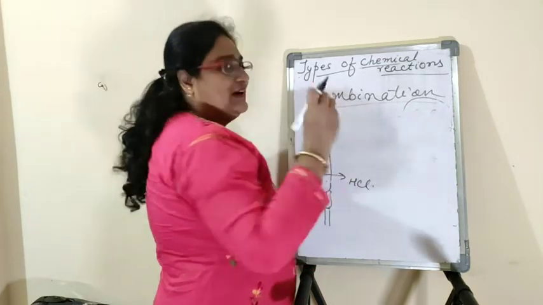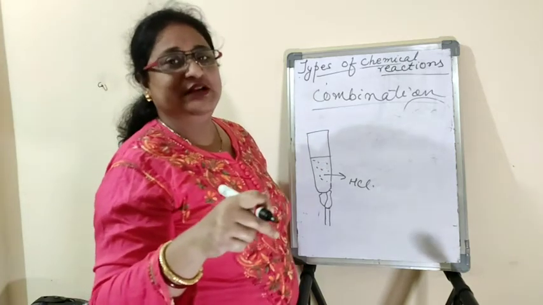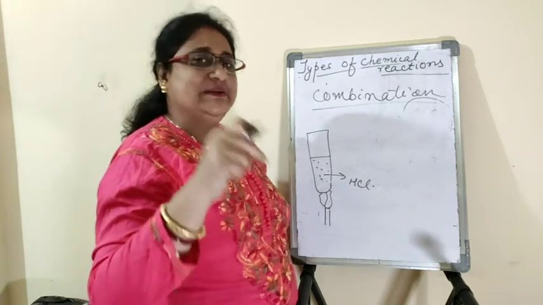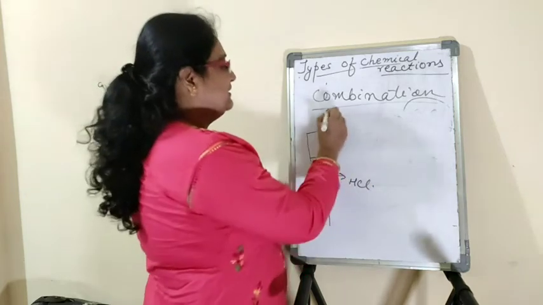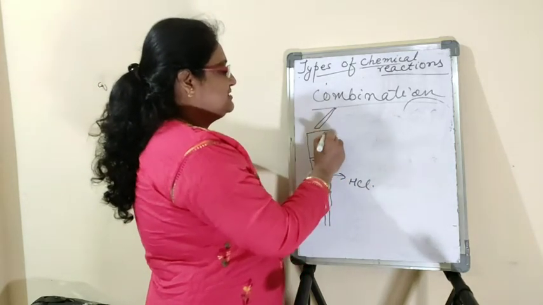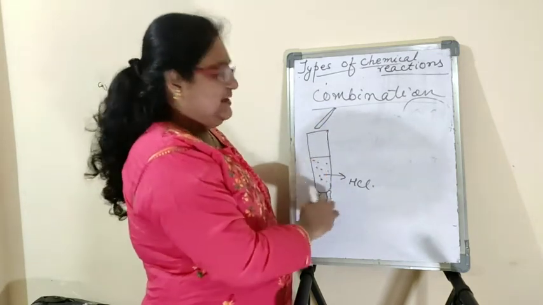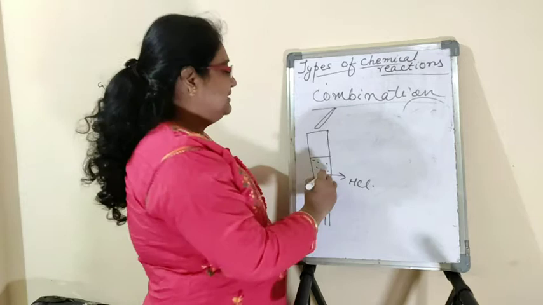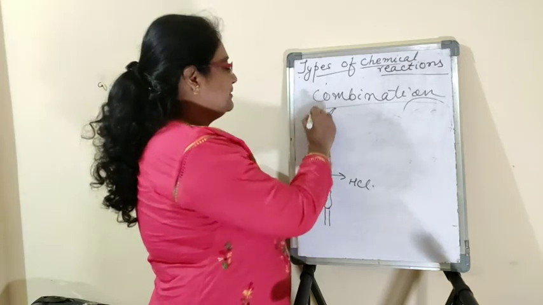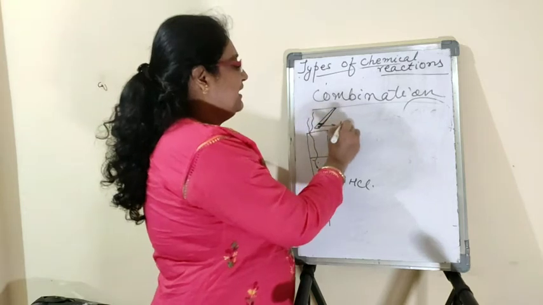Take another glass rod and dip it inside the ammonia, which is NH3. Dip it inside the ammonia and hold the glass rod just in front of the mouth of this test tube. When the hydrochloric acid is heated with the help of the Bunsen burner, smoke will come out. And here you have taken the ammonia, NH3.